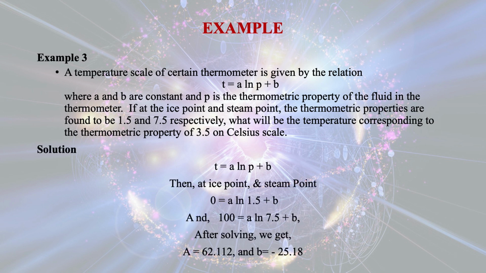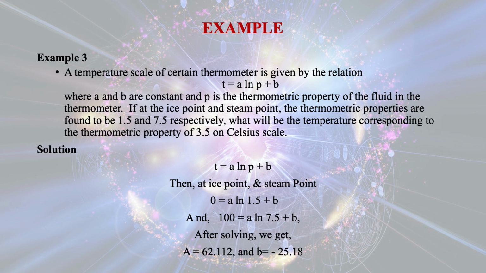Now let us see, in this equation it is given as T is equal to A ln P plus B, and at ice point T is equal to 0, at steam point T is equal to 100. So if you put T is equal to 0, one equation will be 0 equal to A ln 1.5 plus B, and for steam point, T is equal to 100 and thermometric property P is equal to 7.5, the next equation will be 100 equal to A ln 7.5 plus B. Now here there are two equations.